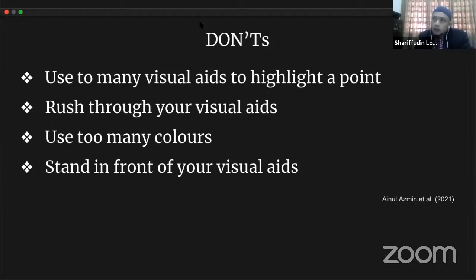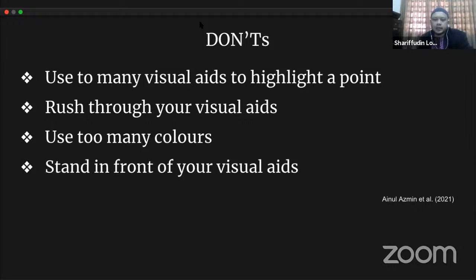Cepat-cepat nak tunjuk. Because bila kita tengok, dalam satu presentation 10 minit ada sampai 100 lebih slide. Kan? So sebabkan bimbang, because we are worried that we don't have enough time to show our hard work done, we rush through it.